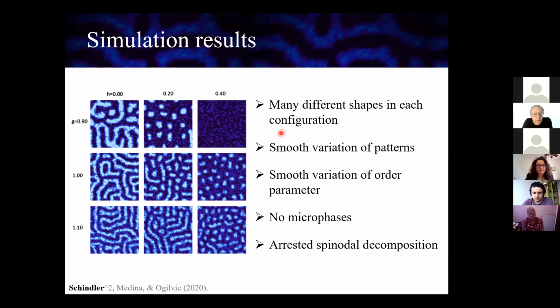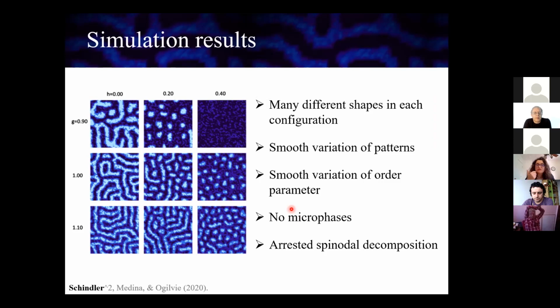I see many different phases and shapes in each configuration: some dots here, some lines here. Same thing down here. There's a smooth variation of these patterns into one another as you keep fine graining this and getting patterns that are closer together. There's a smooth variation of the order parameter, the expectation value of phi, and there are no microphases in this.